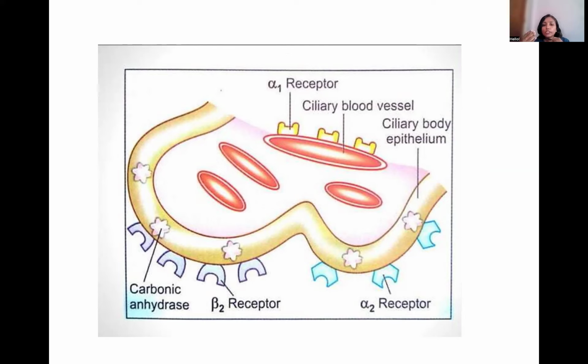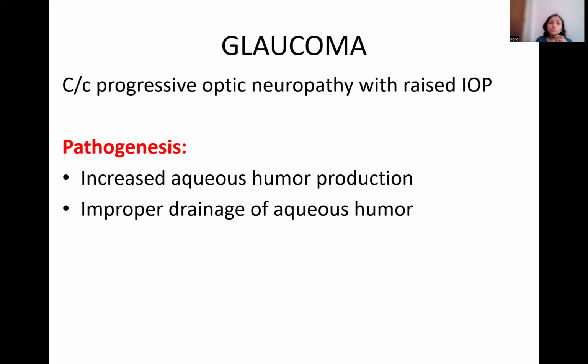So, what can you do here? You will give beta blockers. So, another way to decrease the aqueous humor production is to give beta blockers. The first group of drugs was alpha adrenergic agonists. Then we have beta blockers. So, two classes of drugs we have got.